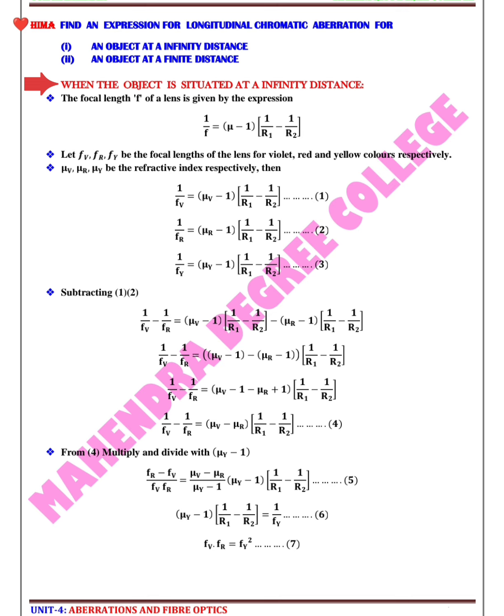When the object is at infinity, longitudinal chromatic aberration is the difference between the focal lengths of red and violet light. It shows how much the image shifts along the optical axis due to wavelength dependent focusing.